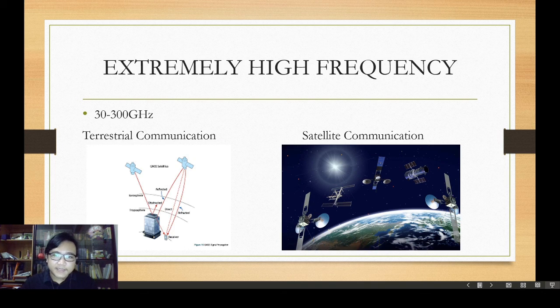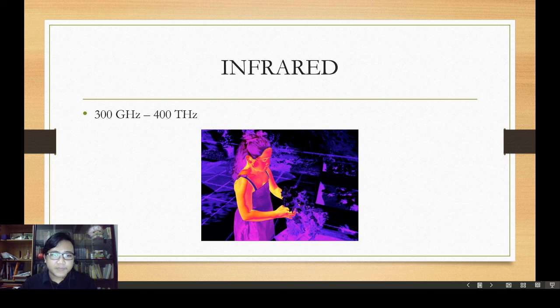The next is extremely high frequency, which is about 30 to 300 gigahertz. Its waves can carry an enormous amount of data and find wide application in radar. It is used for civil terrestrial communications and satellite communications. The next is infrared.